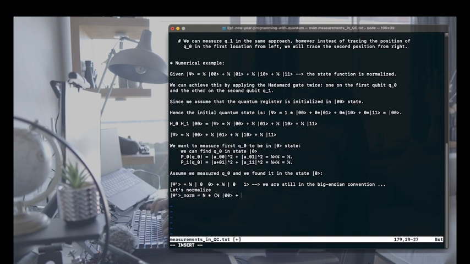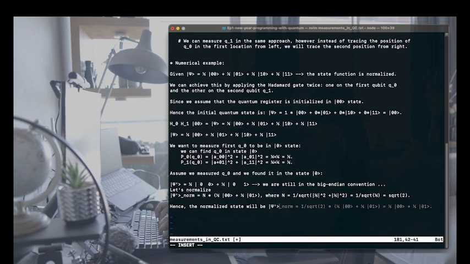And of course, we have a newly collapsed state. And this will be the newly normalized state.